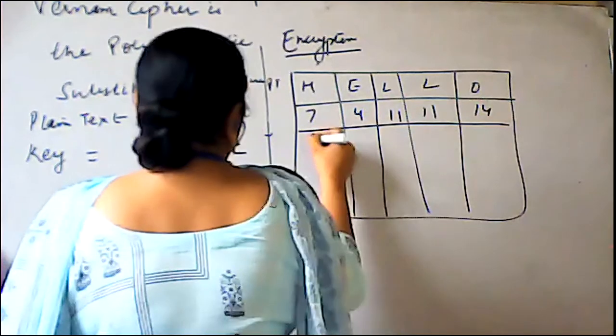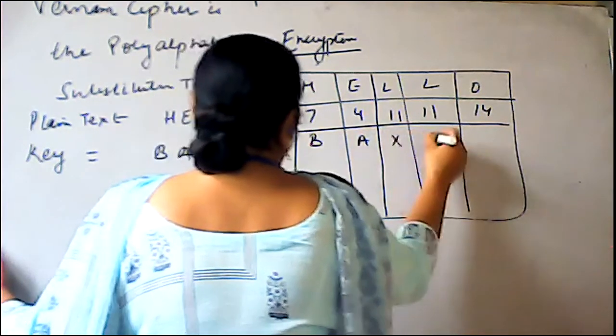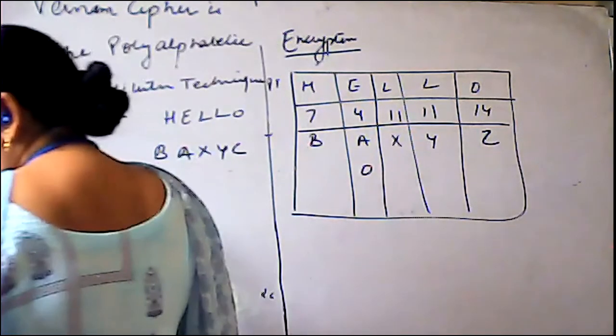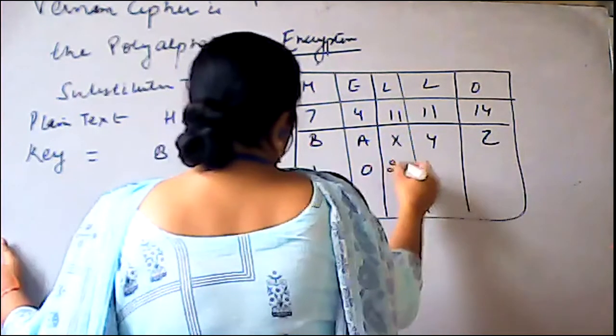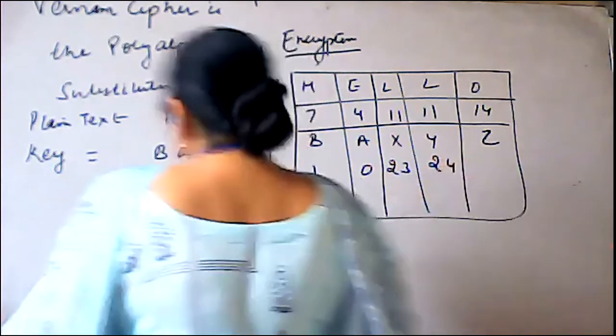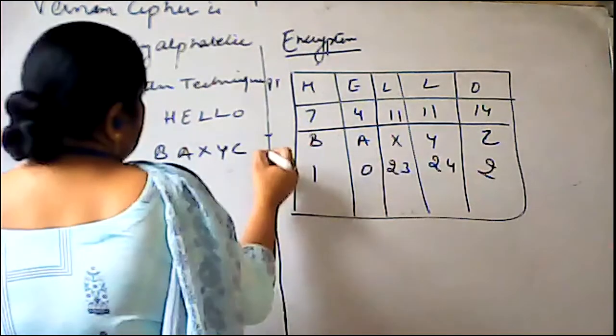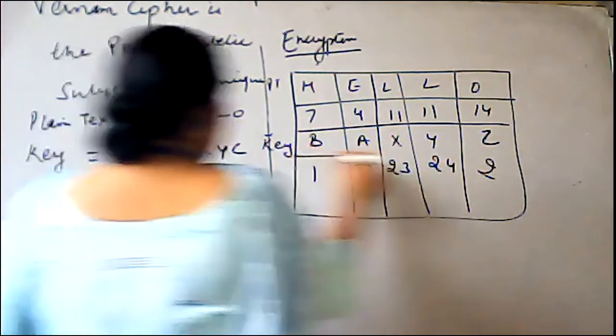Then the key: B, A, X, Y, C. So A is having 0, B is having 1, then 23, 24, and 2. Okay. So this is your key value.